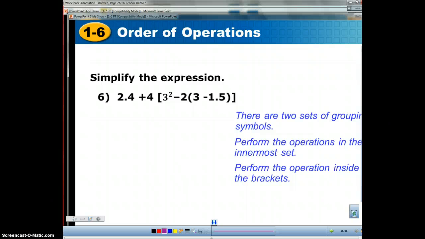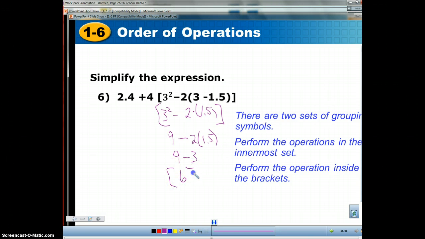So 3 minus 1.5 is 1.5. I have to take 2 times that, because the 2 is right beside the parentheses. 3 squared minus 2, that's all in brackets. So following order of operations here, 3 squared is 9. 9 minus 2 times 1.5. 2 times 1.5 is 3. 9 minus 3 is 6.